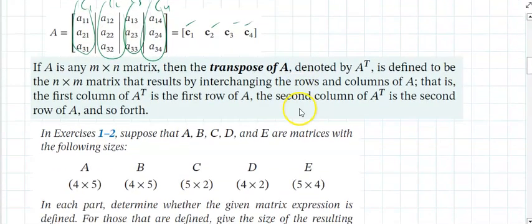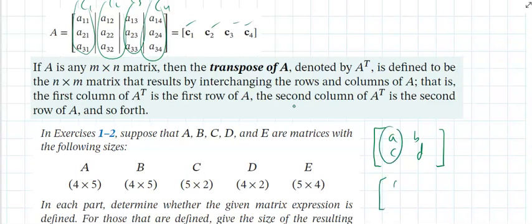Now we need to talk about a transpose. What a transpose does, it switches the rows with the columns. It takes that and puts it as a row, and it takes that and makes it a row. Another way of looking at it, you maintain the diagonal and you just switch across the diagonal.